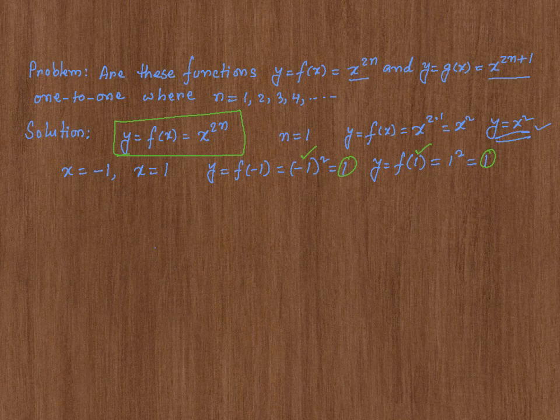Whenever you have a function of the form y is equal to f of x is equal to x to the power 2n, where n is a natural number, 1, 2, 3, 4, 2n is going to be an even number. So it would be x square, x to the power 4, x to the power 6, x to the power 8, x to the power 10, and so on and so forth. When the power is a positive even number, the functions are not one-to-one.